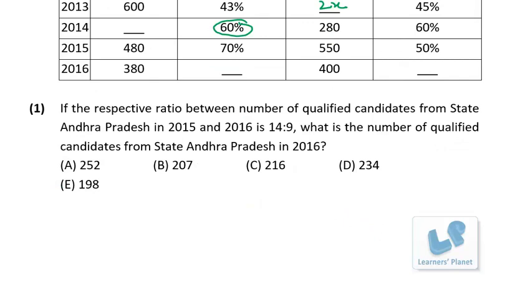If the respective ratio between the number of qualified candidates from Andhra Pradesh in 2015 and 2016 is 14 to 9, what is the number of qualified candidates from Andhra Pradesh in 2016? The ratio between qualified candidates in 2015 and 2016 is 14x and 9x. So 70% of 480 is 14x, and we have to find the value of 9x.